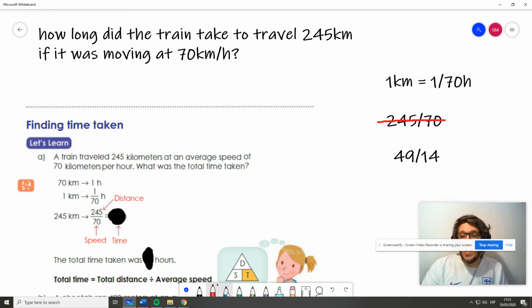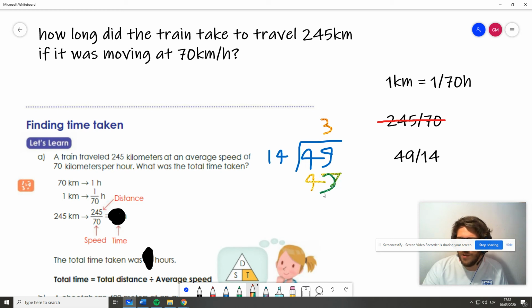an improper fraction. So how do I change improper fractions into mixed numbers? I divide. Okay. Does 14 go into 49? Yes, it goes 3 times. 3 times 14 is 42. Gives me a remainder of 7.